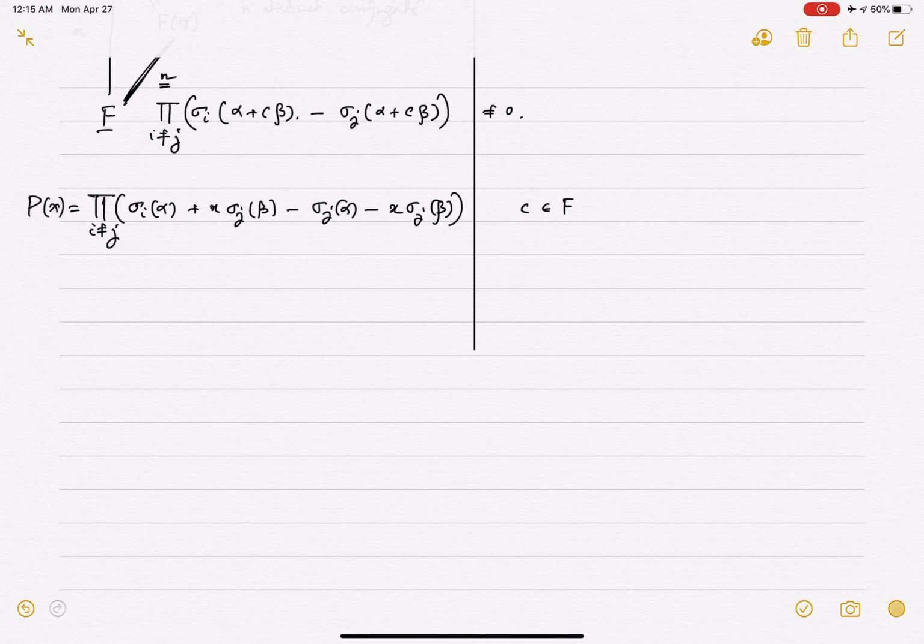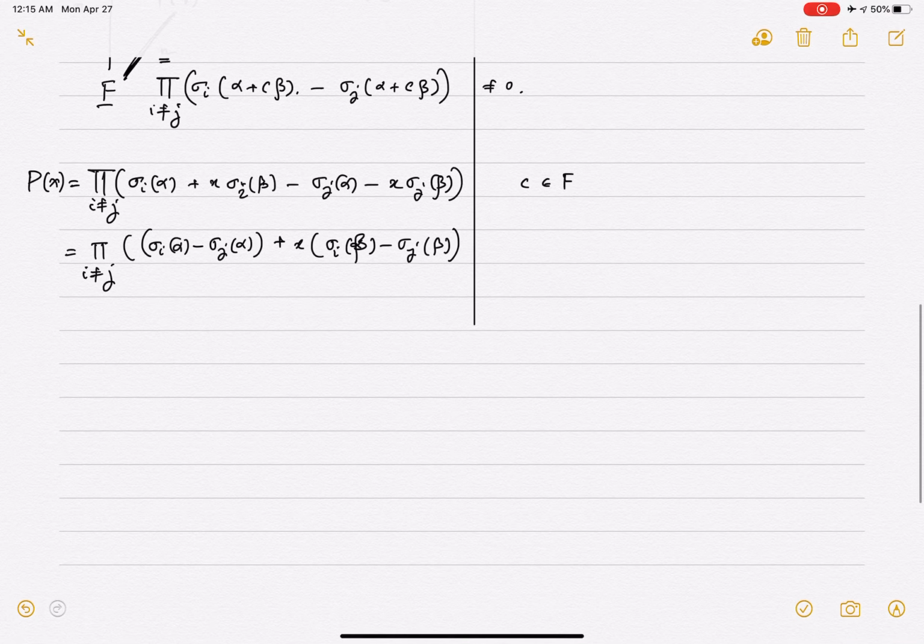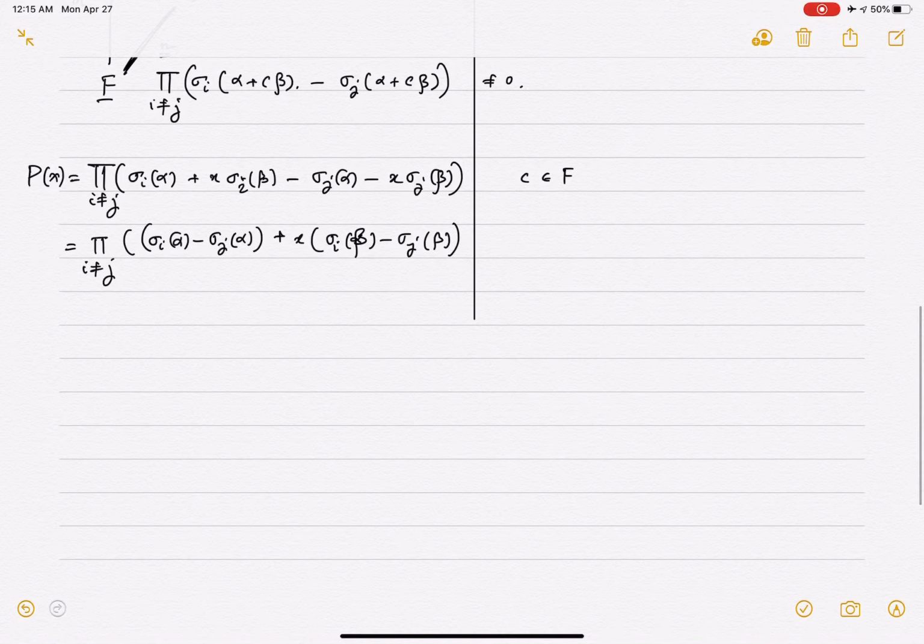Why is this a non-zero polynomial? Let's write it a slightly different way. This is the same as sigma i alpha minus sigma j alpha plus x times sigma i beta minus sigma j beta. And these sigma 1, sigma 2, up to sigma n are distinct embeddings of F(alpha, beta).